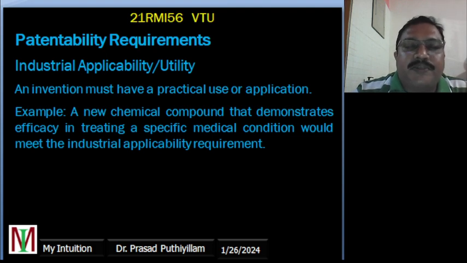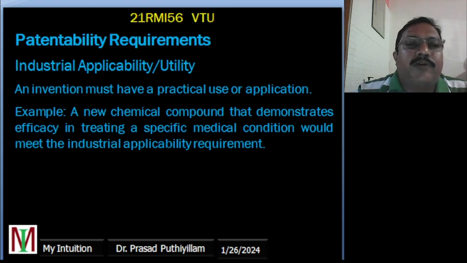It should serve a specific function, or address a problem, or offer some usefulness in some specified or various fields. It may be technology, manufacturing, agriculture, or medicine, any field. If any usability is there, it comes under utility or industrial applicability.